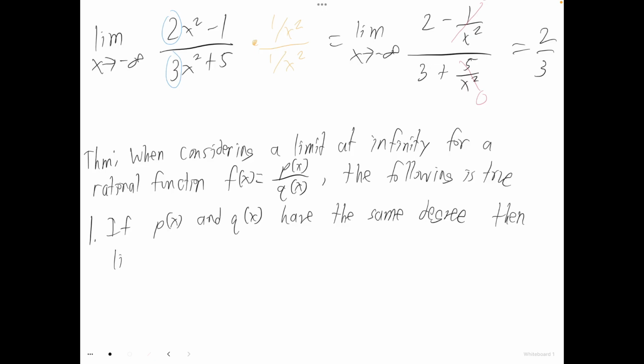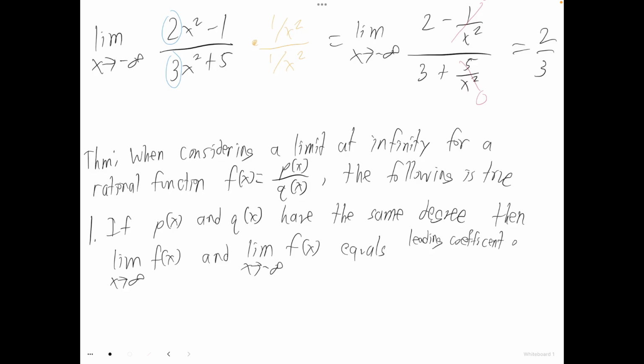then the limit as x goes to infinity of f of x and the limit as x goes to negative infinity of f of x equals the leading coefficient of p of x divided by the leading coefficient of q of x.